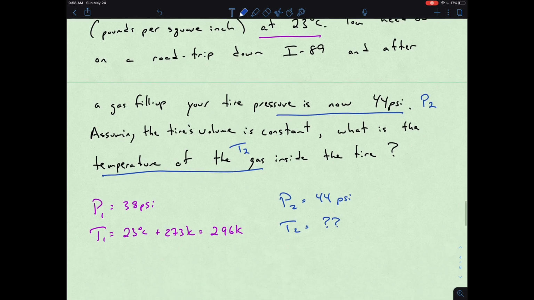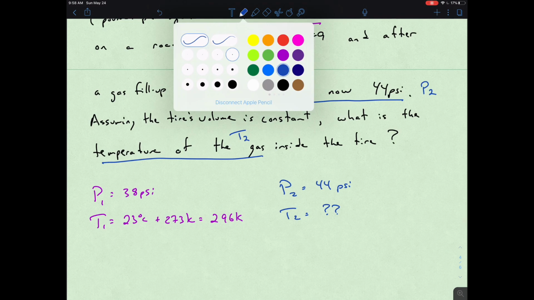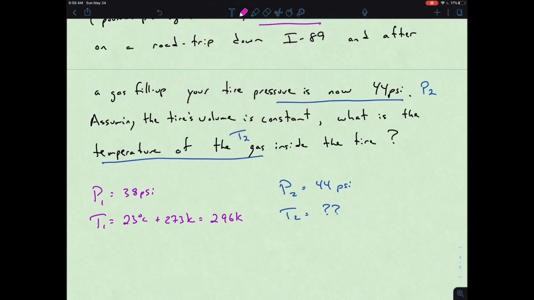And so we have to say the same things. It is mentioned in the question that the volume is constant. We need to assume the volume and moles of gas are constant.